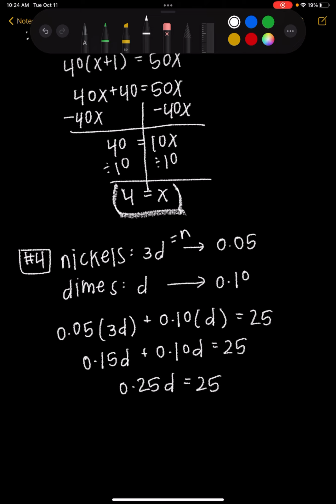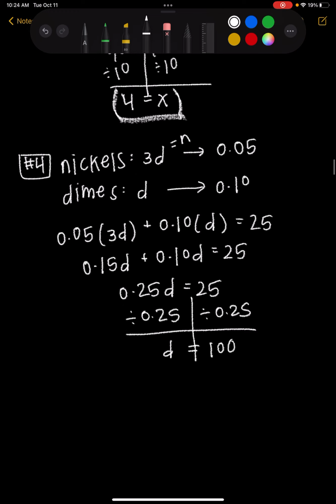And now what I'm going to do is divide each side by 0.25 to get the D by itself. And we would end up with D equals 100, sorry.